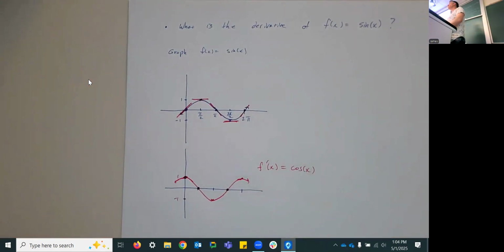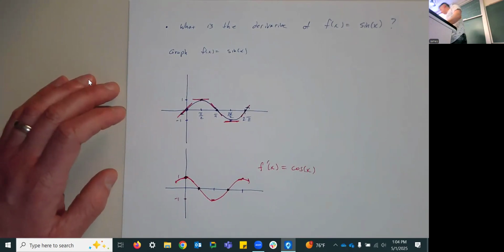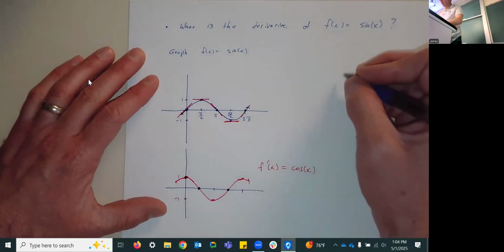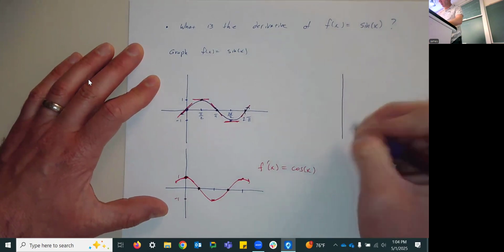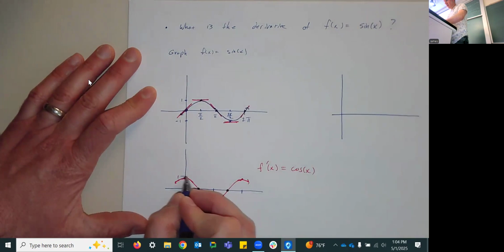And then you could even keep the process going. You could say, okay, well, except I didn't leave myself enough room on this piece of paper. You could then do the same thing to draw the derivative of cosine. So if I look at the slope of the tangent line here, it's 0.